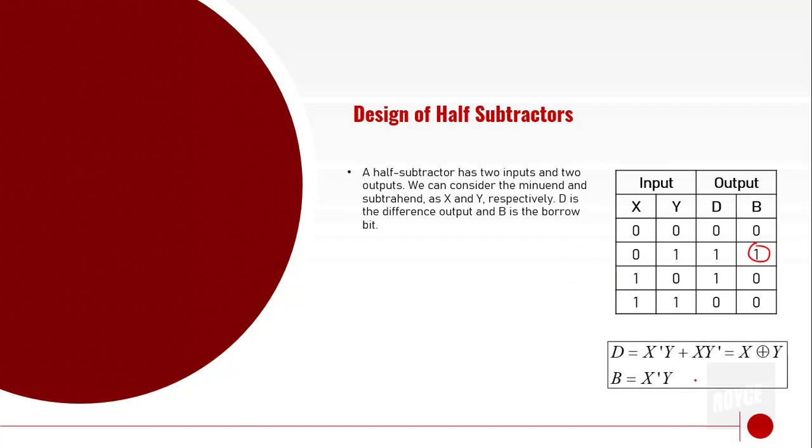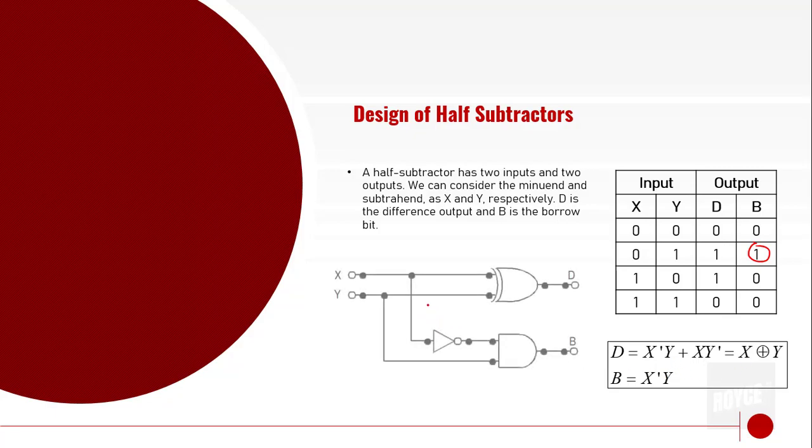So, ito na yung ating functions. For our difference, it is x XOR y. And for our b, it is x prime y. From this, pwede na natin i-drawing yung ating circuit. Ayan na siya. X and y, naka-XOR, D. Then, yung B natin is X prime, may NOT gate, Y, naka-AND, that is our B. Now, we have our half subtractor.